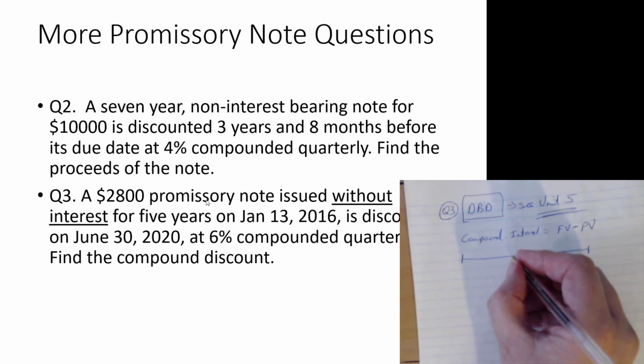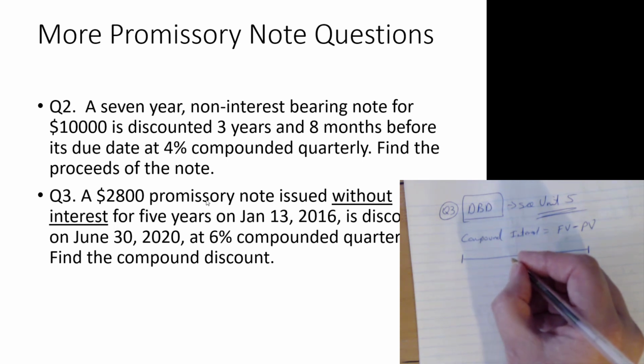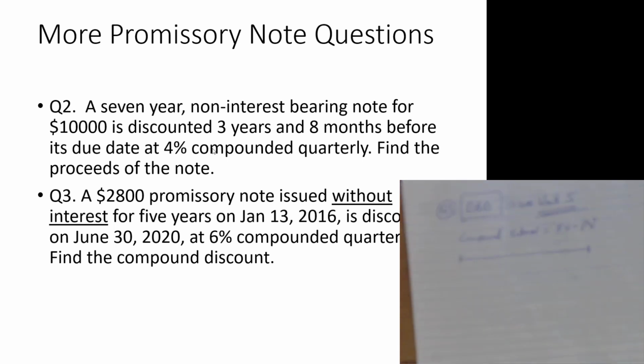So what happens? The note is 5 years, issued on January 13, 2016, discounted on June the 30th at 6% compounded quarterly.